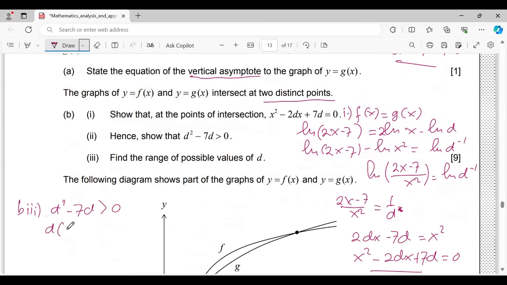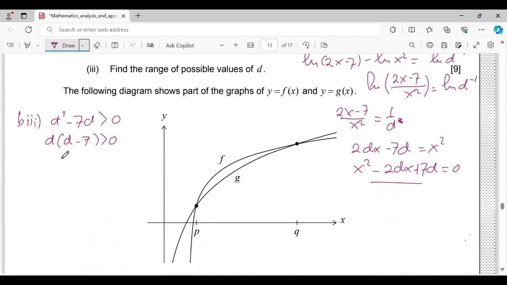So d times (d minus 7) greater than 0. So on the number line, 0 and 7. If d equals minus 1, located here, this statement will be correct. So the area here.